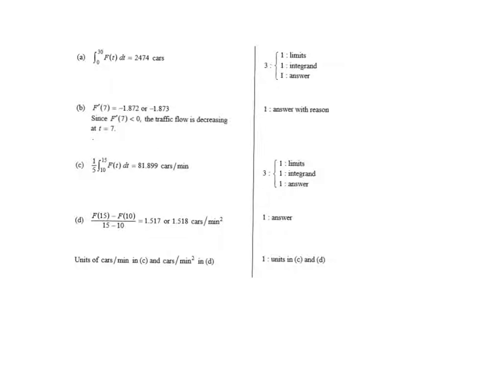You know what? I did letter B wrong. I wasn't paying attention. So A is 2474. B, it wanted to know when the traffic flow is decreasing. So traffic flow decreasing, F is the traffic flow, so decreasing would be the derivative, F prime.